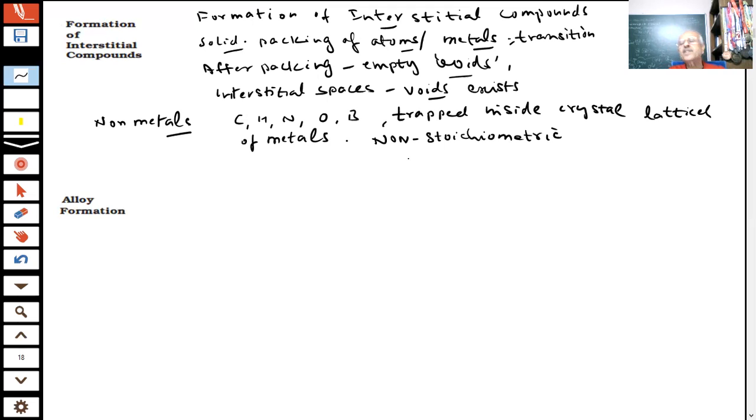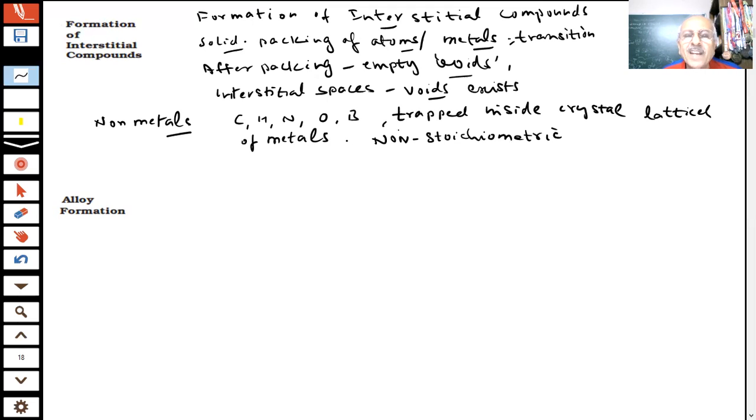In the solid state, you will learn how many tetrahedral voids and octahedral voids there are, and what the radius ratio is. All this is part of the solid state chemistry chapter, where we are going to do that.